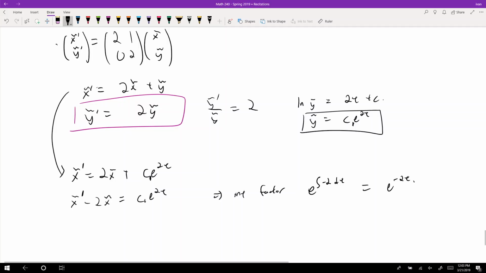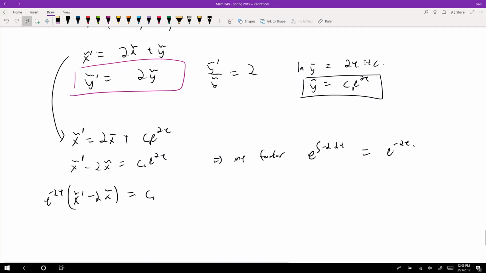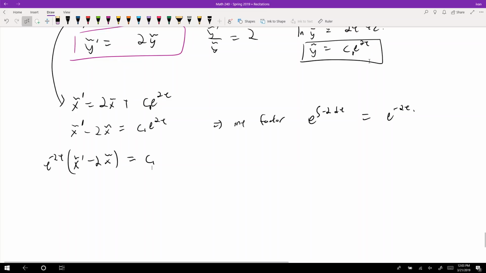So multiply the entire thing through by e to the negative 2t. Let's just do it this way: e to the negative 2t times (x tilde prime minus 2x tilde) is equal to c1, because e to the 2t times e to the negative 2t is actually 1, right? It's e to the 0, so that's just c1.